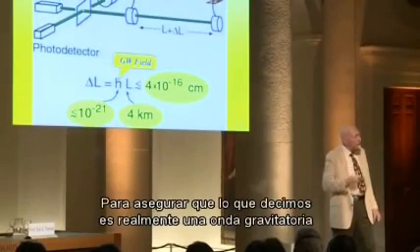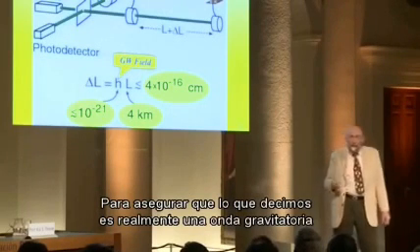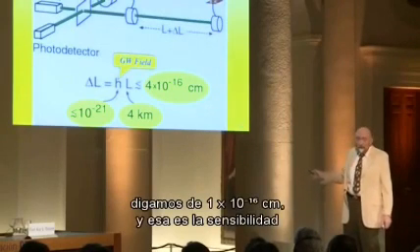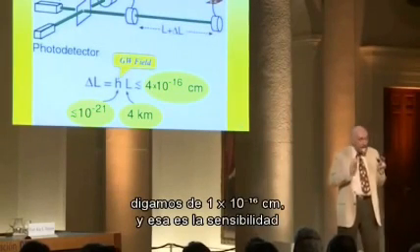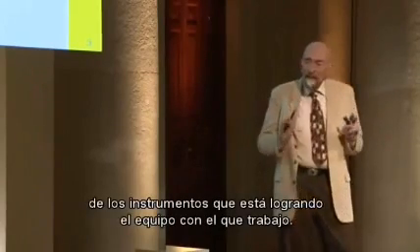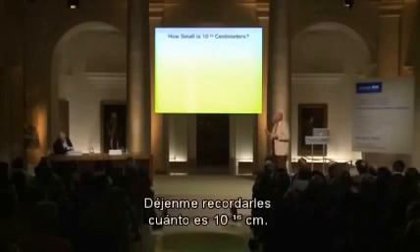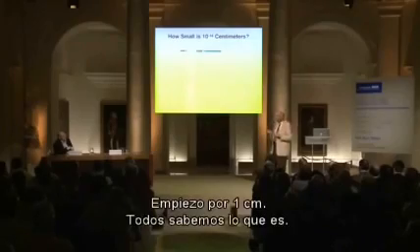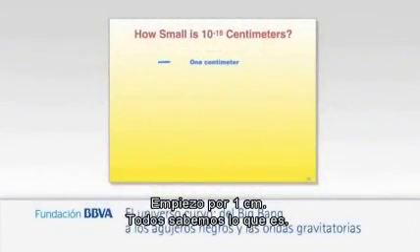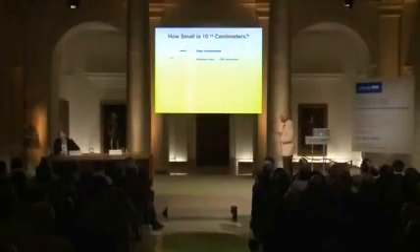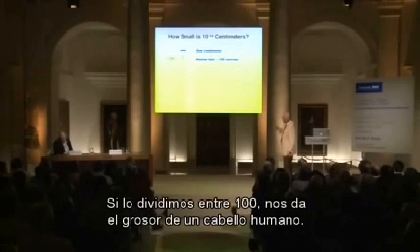To be sure that what we are seeing is really a gravitational wave, we must have a sensitivity much better than that, say 1 times 10 to the minus 16 centimeters. And that is the sensitivity of the instruments that the team I work with is achieving. Now, let me just remind you of what 10 to the minus 16 centimeters is. I begin with 1 centimeter. We all know 1 centimeter. At least in this country, you know 1 centimeter. Not. You divide it by 100, you have the thickness of a human hair.